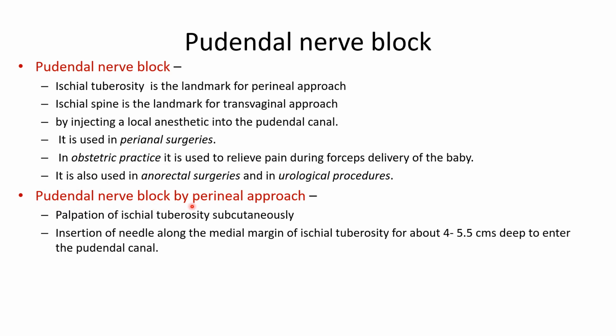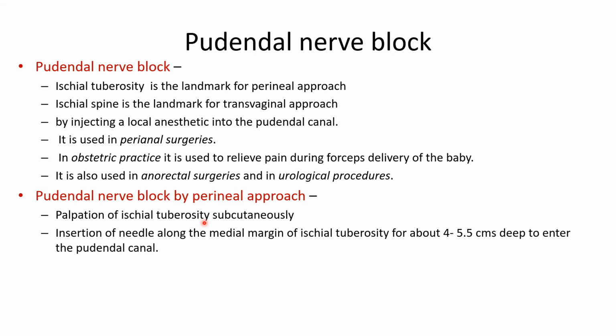For the pudendal nerve block by perineal approach, the ischial tuberosity will be palpated subcutaneously, and you know where it has to be palpated, the distance from the midline and the position: 5 centimeters from the midline, with the hip flexed.